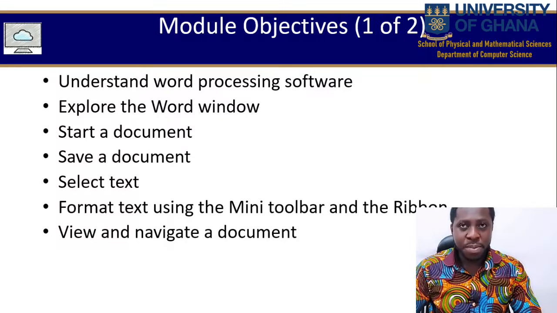We are going to use the Microsoft Office Word 2019 or the Office 365. Every student is going to be assigned a license. All you need to do is download the application. When I give you the license, you would use that to obtain your licensed copy so that we'll all be on the same page.